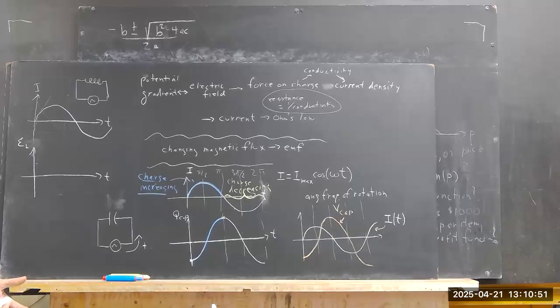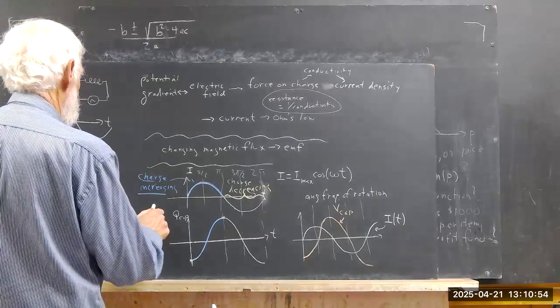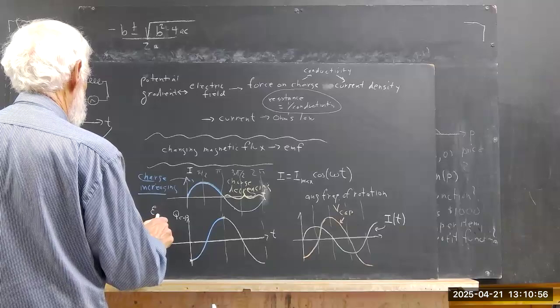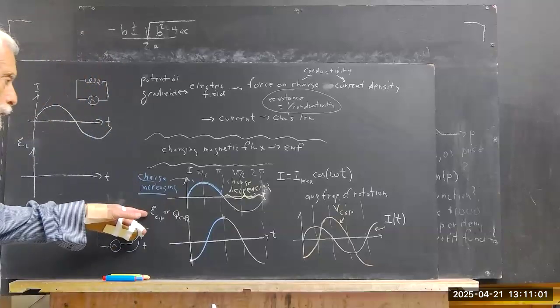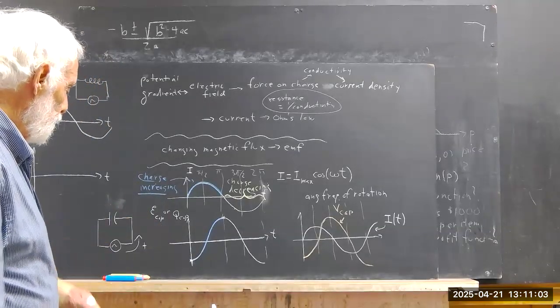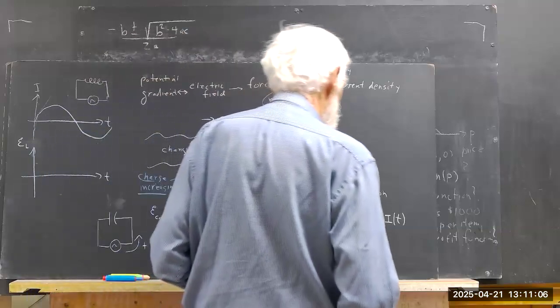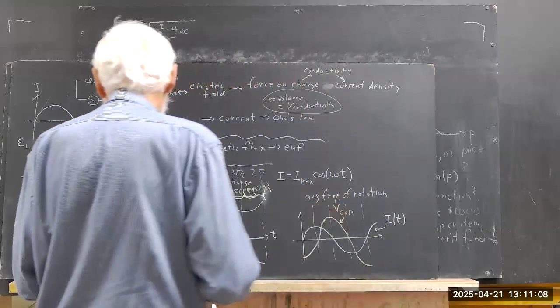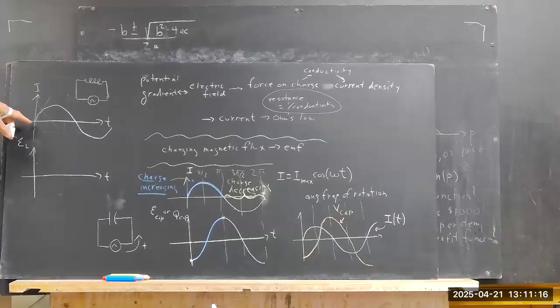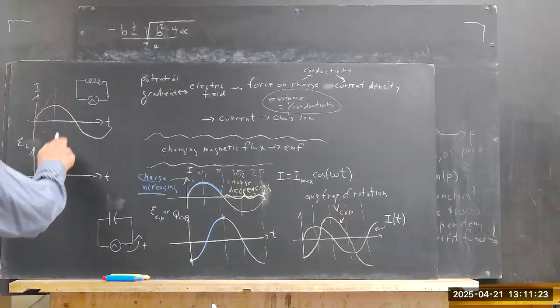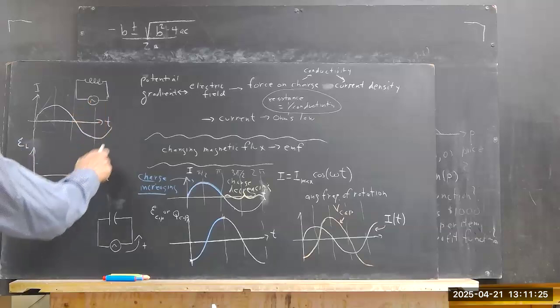We could call this the EMF of the inductor, and we could call this the EMF of the capacitor. And actually I use B here, could have used EMF. But in any case, what's happening to your inductor here at the first cycle?